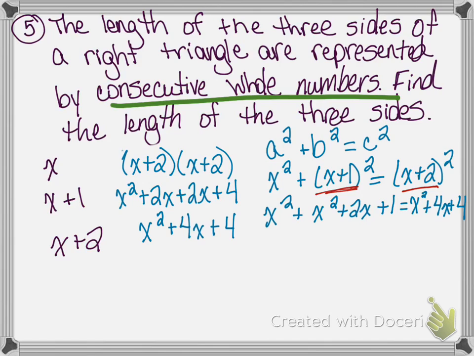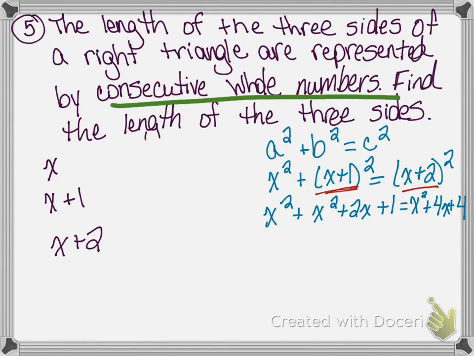Okay, now, what we're going to do now is we've got to set this equal to 0. We have to set this equal to 0. Okay, so I'm going to combine like terms. Do you see I've got 2x squared, then I've got plus 2x plus 1 equals x squared plus 4x plus 4.